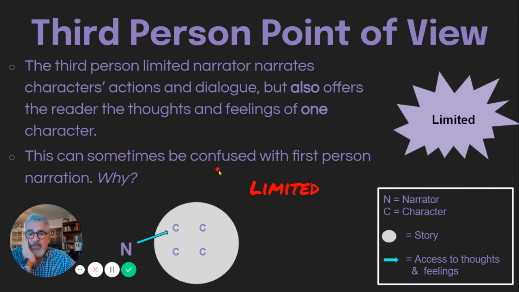This can sometimes be confused with first person narration. Why? Because the reader can think that the narrator is the one in the story and he's telling his story, but no, the narrator is going to use pronouns such as he, she, it, and not me or I.